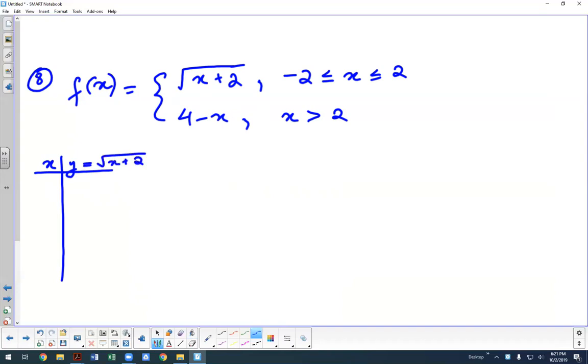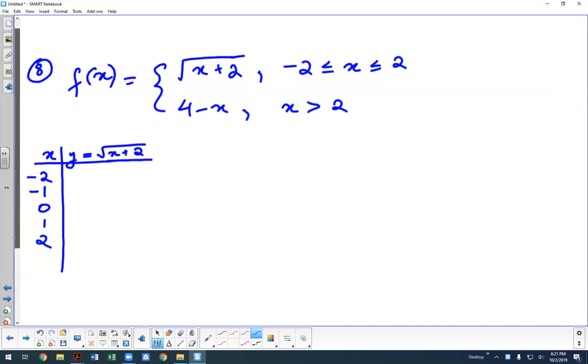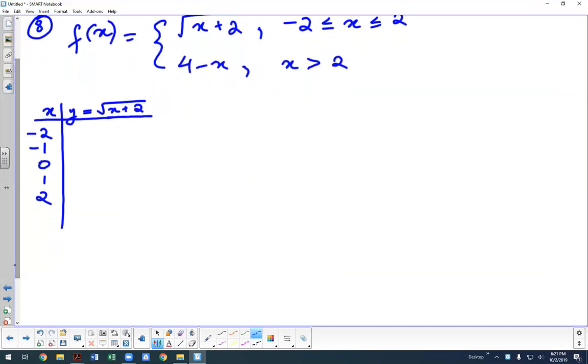So I can start from -2, -1, 0, 1, and 2, and of course anything in between those. Now you'll notice we cannot go any lower than -2, because otherwise we start getting into imaginary number territory and we're not dealing with those. Once I hit 2, that's how far I can go for that first part.